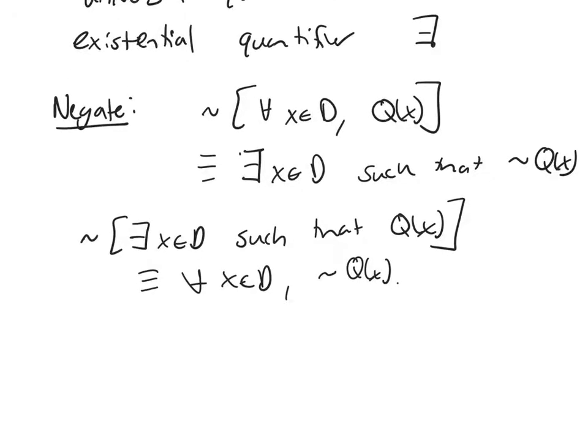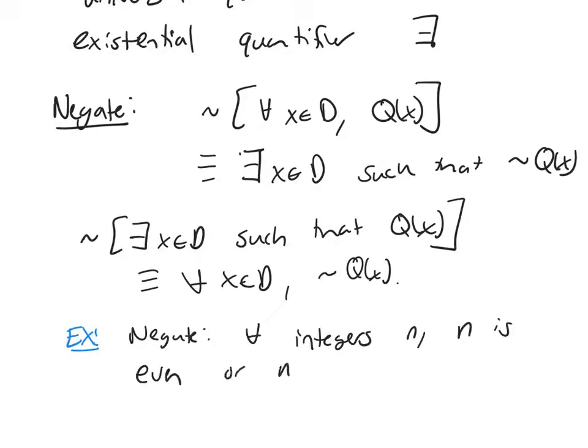So let's look at some statements and try to negate them. Negate: for all integers n, n is even or n is odd.